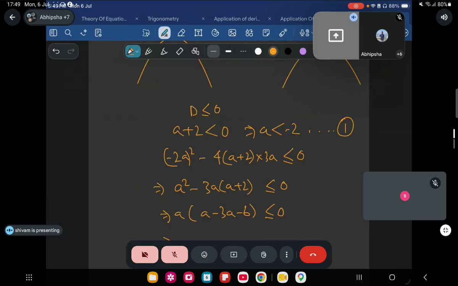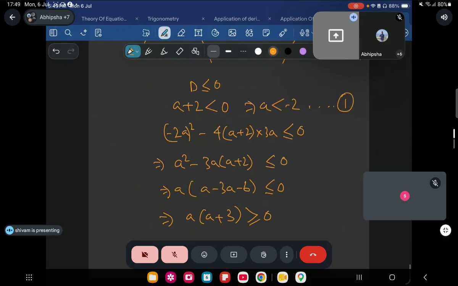This implies a into minus 2a minus 6. So dividing by minus 2, a into a plus 3 must be greater than or equal to 0. This implies a belongs to minus infinity comma minus 3 closed union closed 0 to infinity.